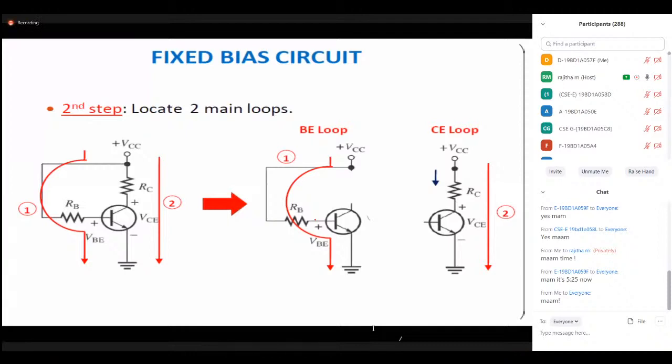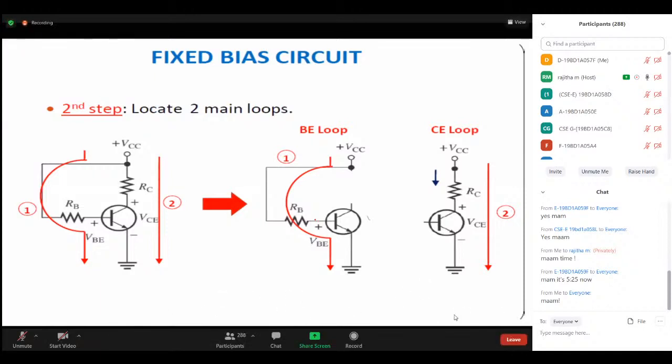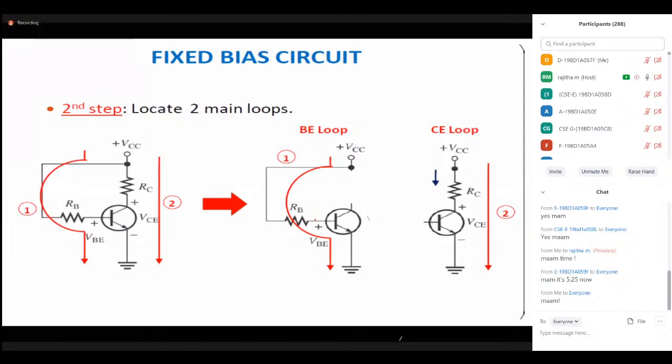The Q point should not vary with the DC biasing conditions, should not be affected by base to emitter junction voltage changes, and should not be affected by current gain changes, which occur due to parameter changes.